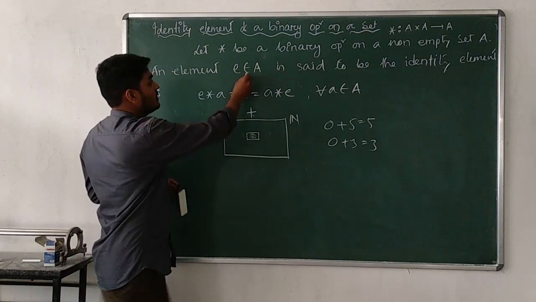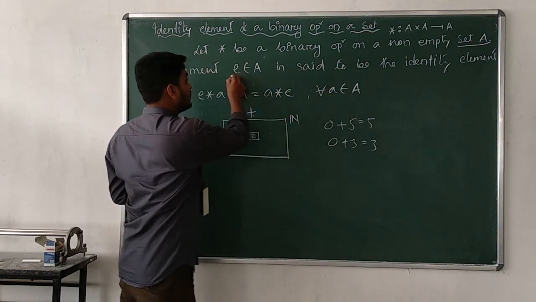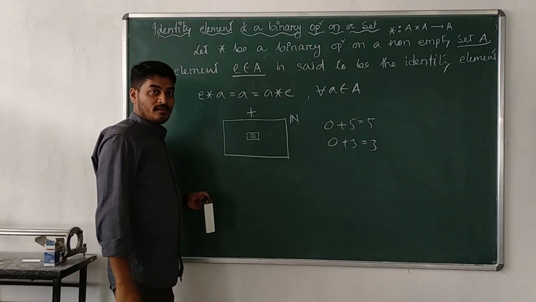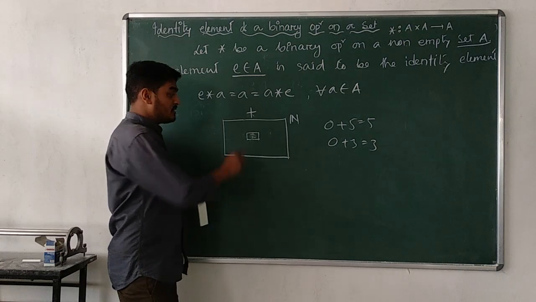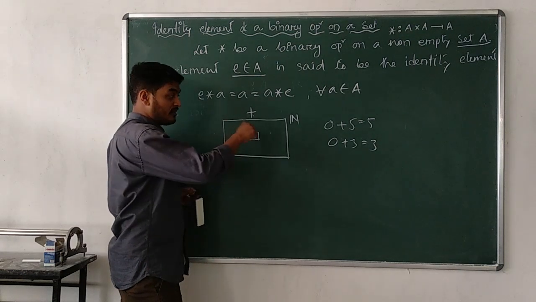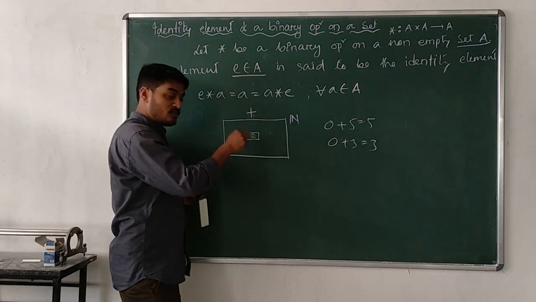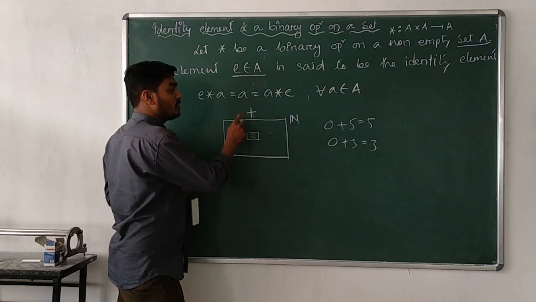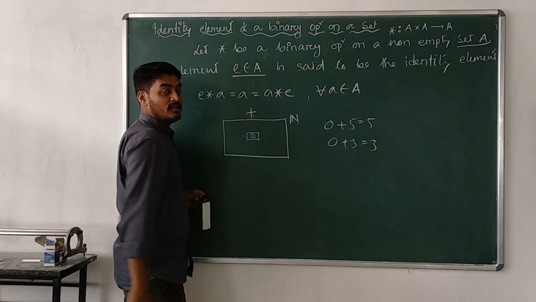What I have written is, the binary operation is defined on a set, and the identity element must belong to that set. Most important. The identity element should belong to that set, but 0 is not a natural number. That's why, though after adding 0 with any number the number will remain the same, 0 is not an element of this set. So under addition, the identity element does not exist in the natural number set.